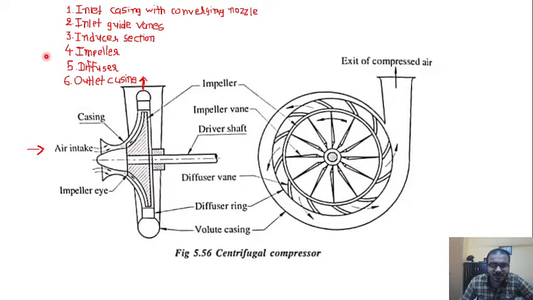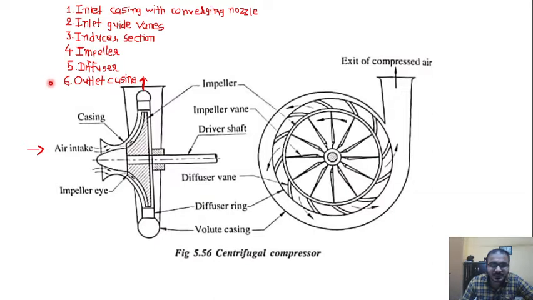Fourth one is the impeller, in which we have rotating vanes, and in this impeller the energy is transferred to the fluid in the form of kinetic and pressure energy. Then we have the diffuser, in which the kinetic energy of the fluid is converted into pressure energy.